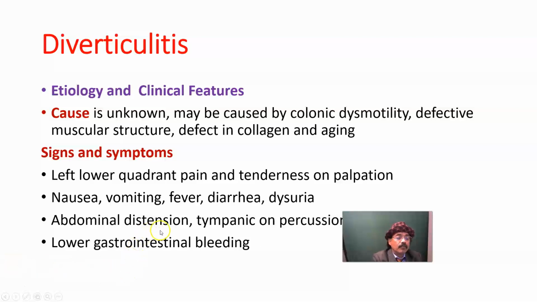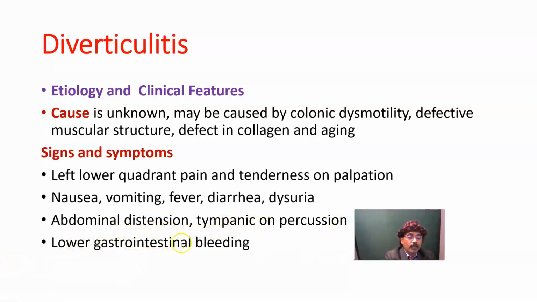Abdominal distension, tympanic on percussion, lower gastrointestinal bleeding. So pain in the left lower quadrant of the abdomen, tenderness on palpation, nausea, vomiting, fever, diarrhea, dysuria. This may happen sometimes.